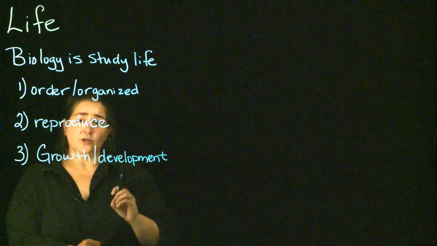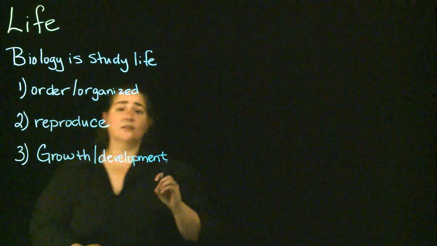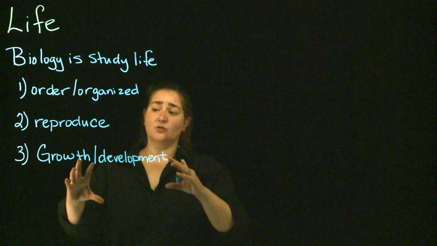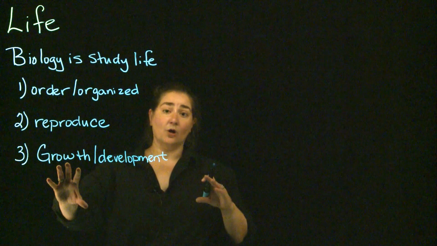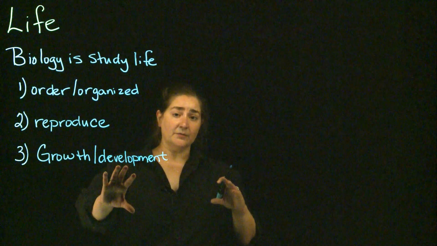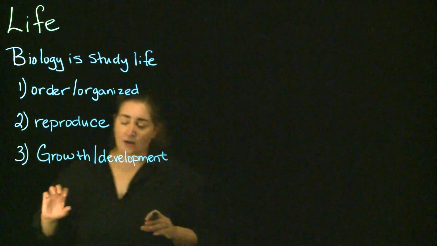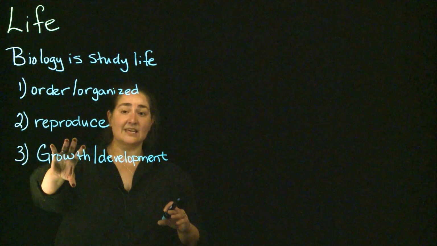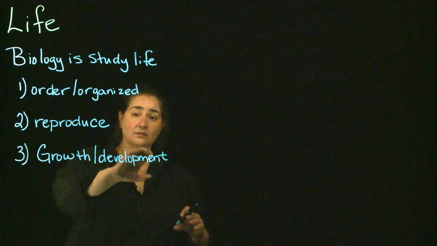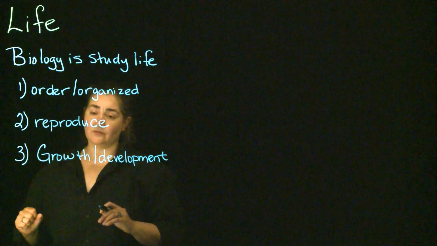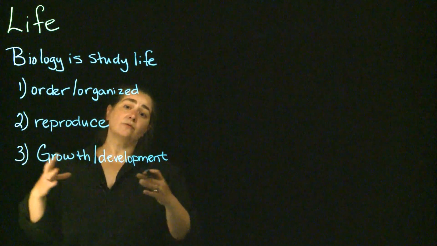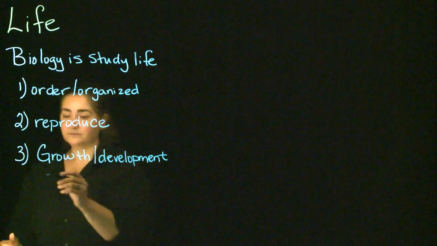That particular organism has to be able to grow, to develop, all right, to go from, say, the infant to the adult stage would be an example of development. Growth, physically getting bigger.